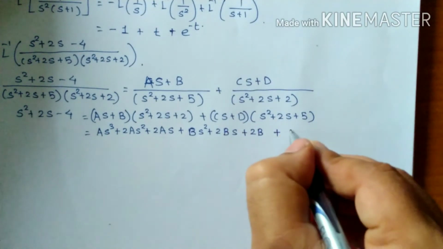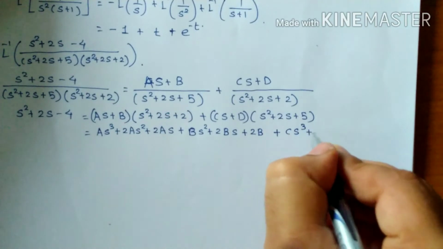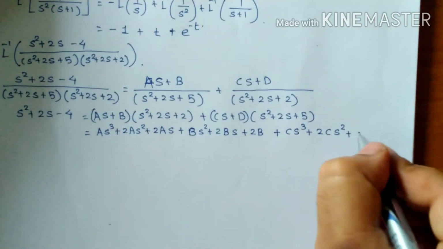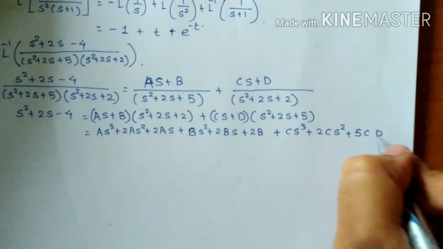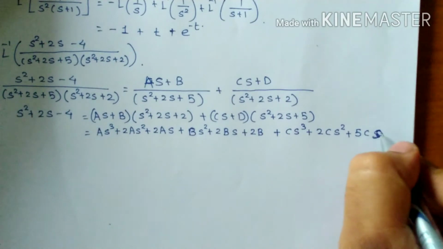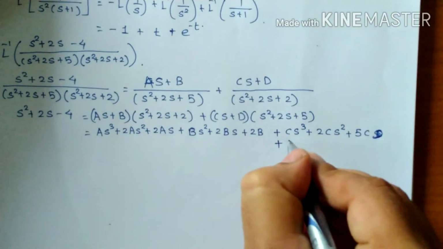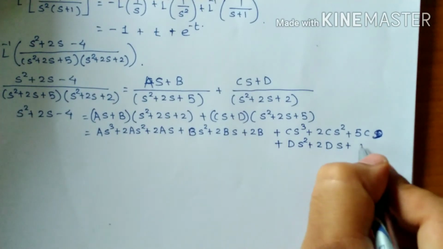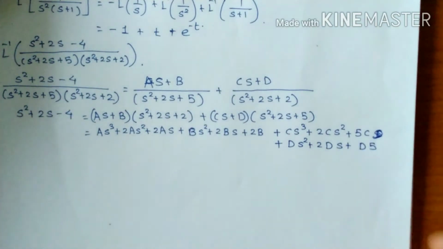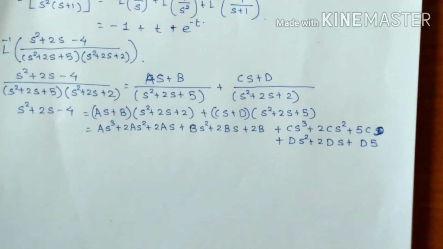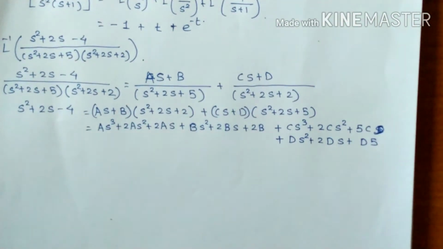Now for this, c into s cube plus 2c into s square plus 5c into s, plus d into s square plus 2d into s plus d into 5. Yeah, this is it.